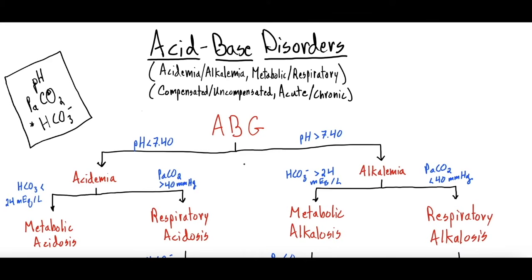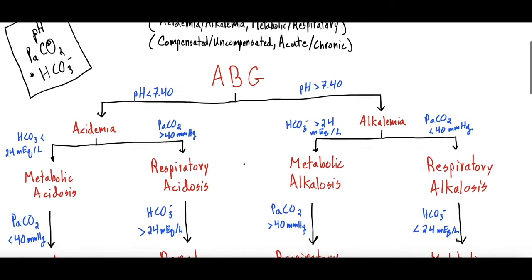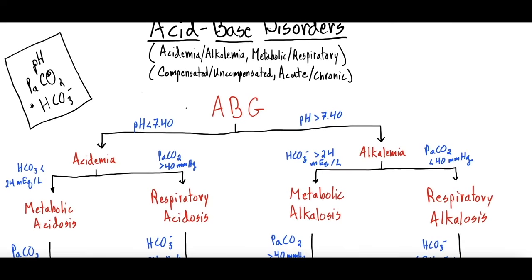Depending on the results of that arterial blood gas, we can walk through an algorithm. If that arterial blood gas shows a pH of less than 7.4, or less than 7.35 would be another number, or if it's greater than 7.4, or greater than 7.45, because the normal pH is generally considered 7.35 to 7.45.